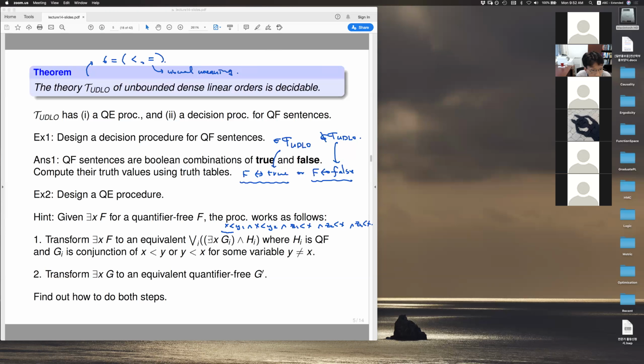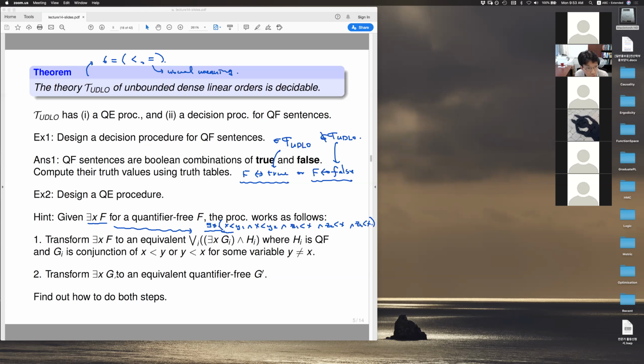So we have to first show that given any formula exists x f, we can transform it into a formula of this form. And then once we transform it into this form, we can focus on removing existential quantification for this specific form. There's a simpler formula like here, and we focus on removing existential quantification for this simple kind of formula, which can be doable. So that's our step 2.